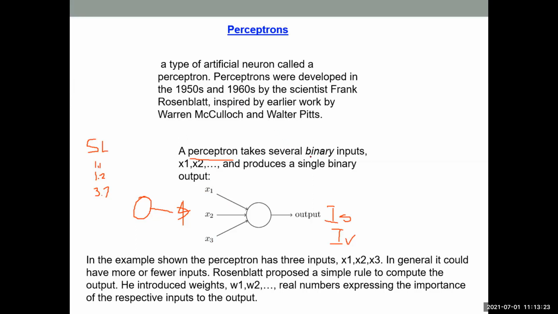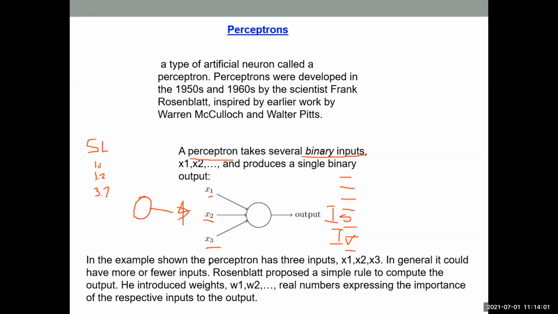So it takes several binary inputs, there's several of them, and produces a single binary output. In our case, we could predict whether the person likes Asahi beer, Sapporo beer, Kirin beer, Heineken beer, and so on, many outputs. But they were thinking only of two outputs to make it simple. It produces a single binary output.